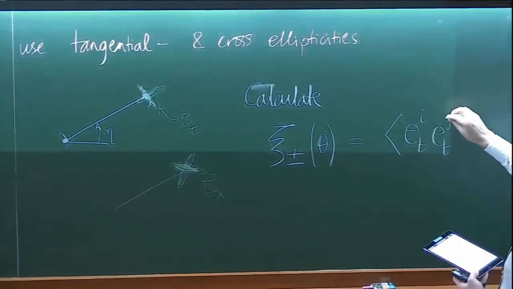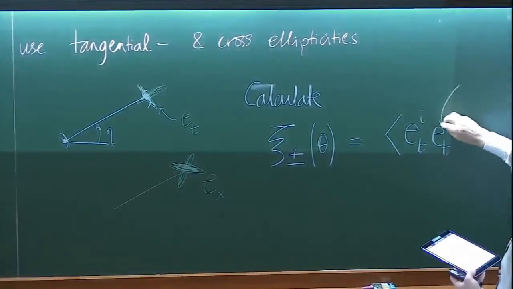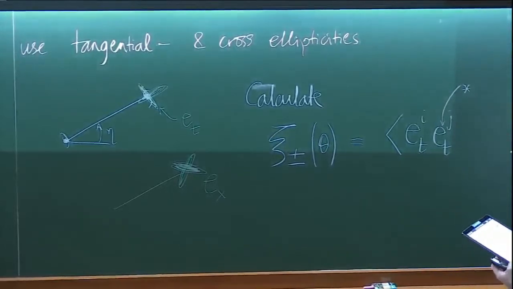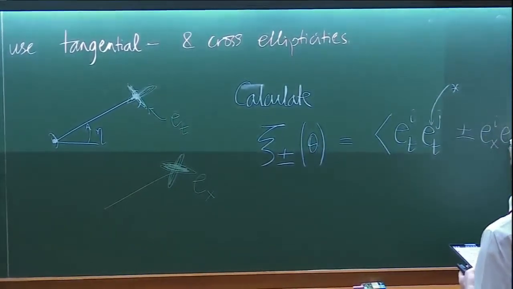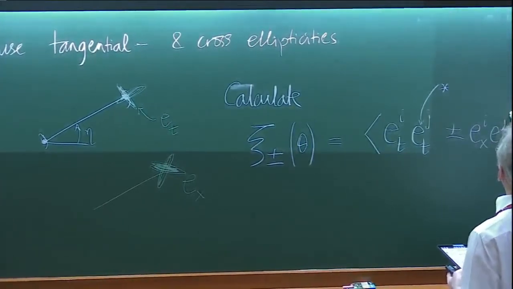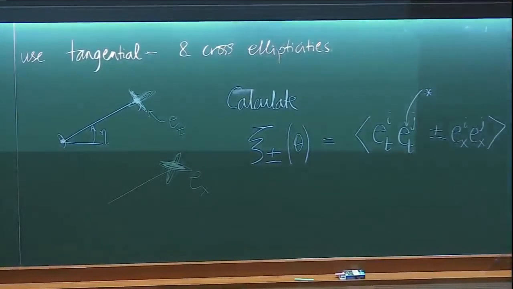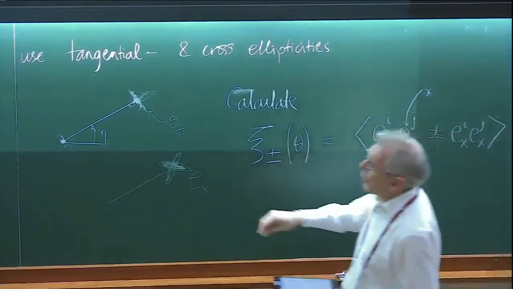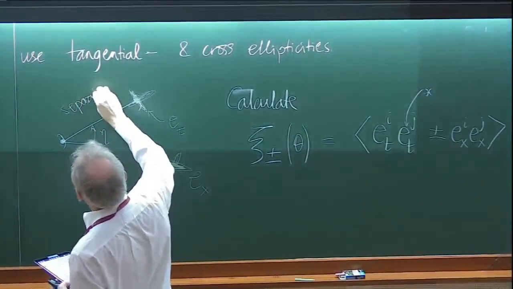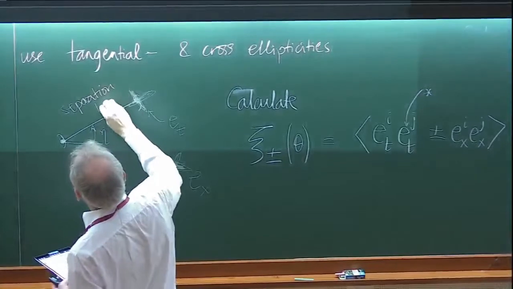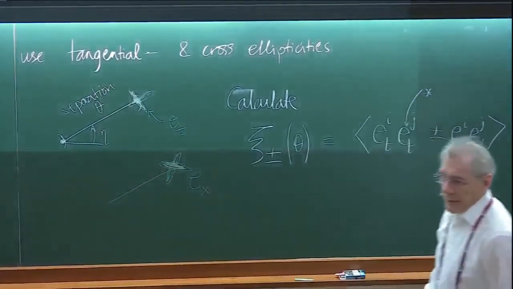There might be a star in here, maybe a complex conjugate, I can't remember. And then you take the cross terms and either add them or subtract them, and that gives you two statistics. And you do this as a function of separation on the sky. You can do it as a function of tomographic bin as well.